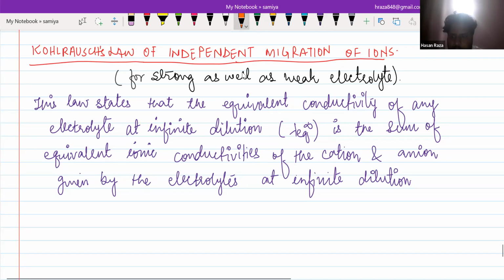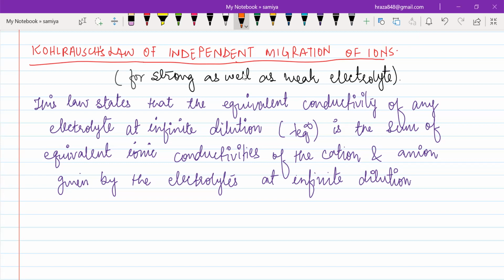So please write it, and then I am going to explain what it is. Have you heard in class 11th of the equivalent concept or mole concept? Yes.